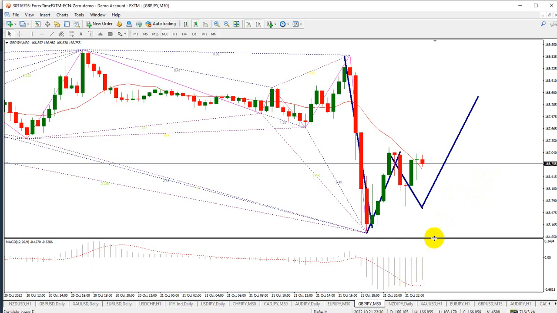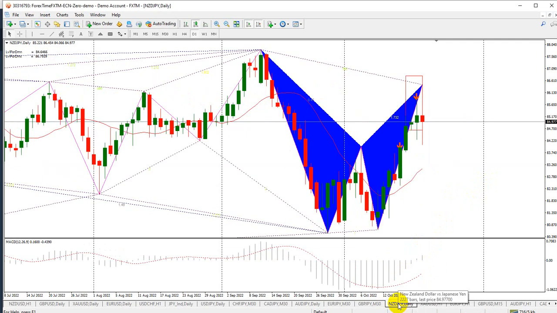So let's go further to NZD JPY. NZD JPY. Wow, on a daily time frame, there's a nice rejection, meaning that most likely price will continue to go down for NZD JPY. You can see the pattern.